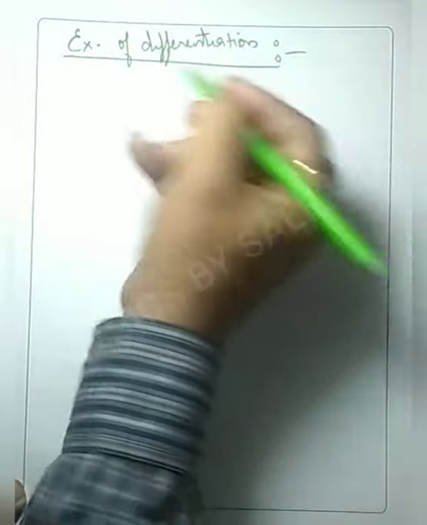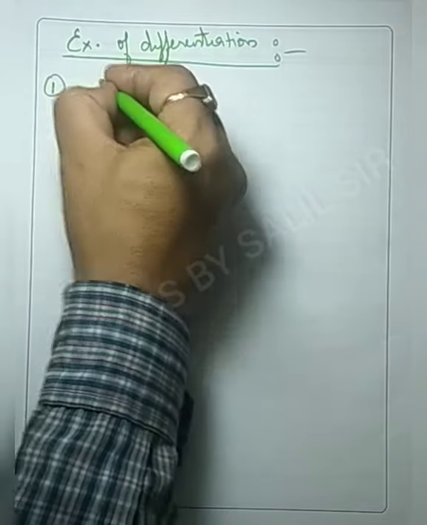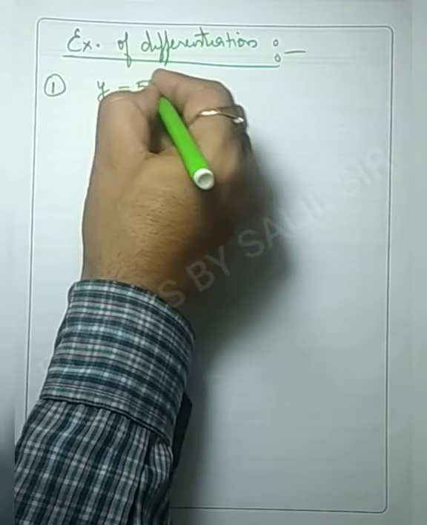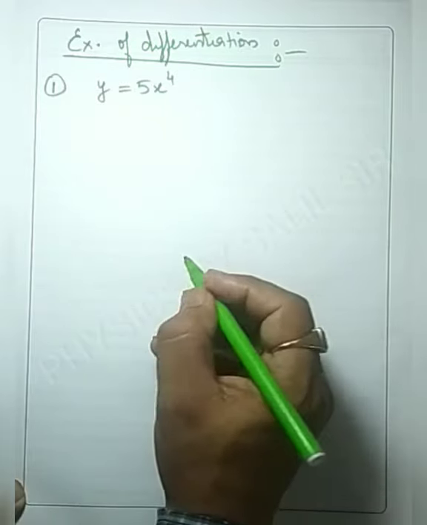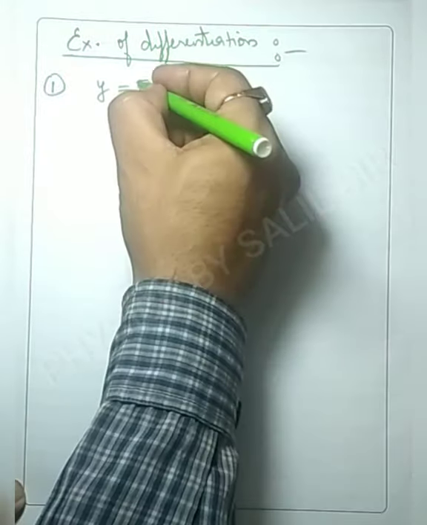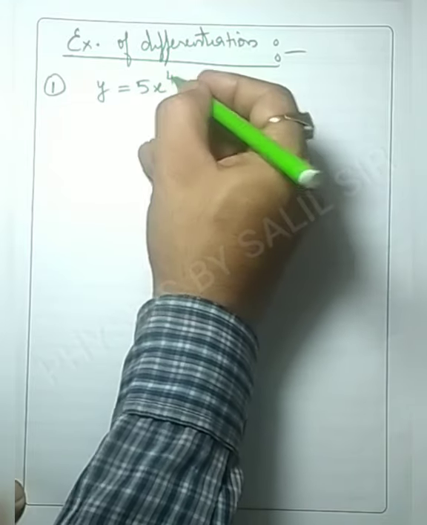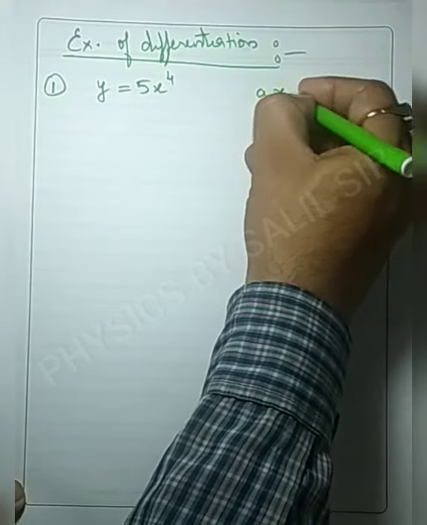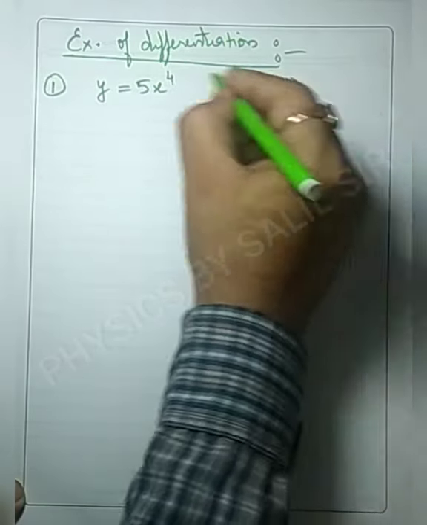Suppose we take the first example as y is equal to 5x to power 4. According to our rule, this is like ax to power n. In place of a, 5, in place of n, 4.